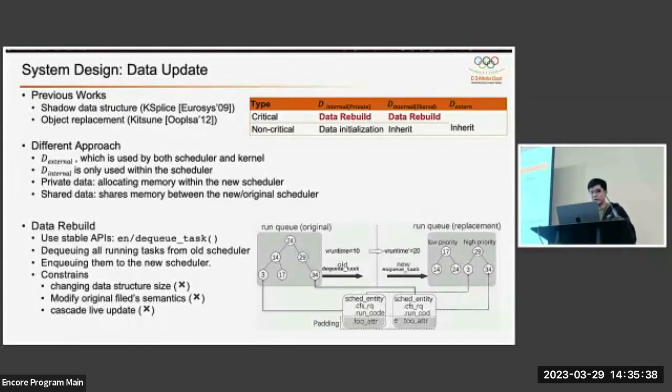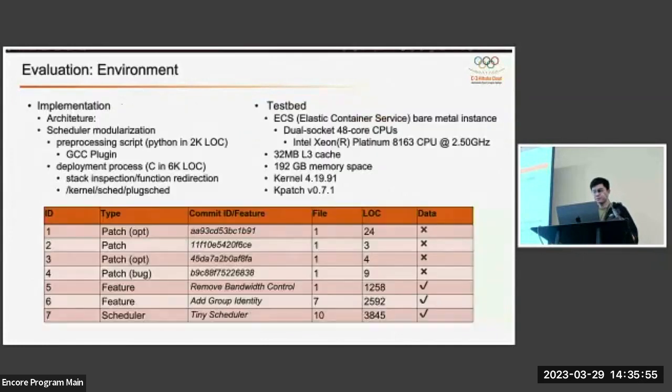one by one. There are several constraints for developers, such as not supporting changing the size of data structures and modifying the semantics of each original field, and supporting cascade update. So we have implemented plug-skewed on both Intel and ARM.